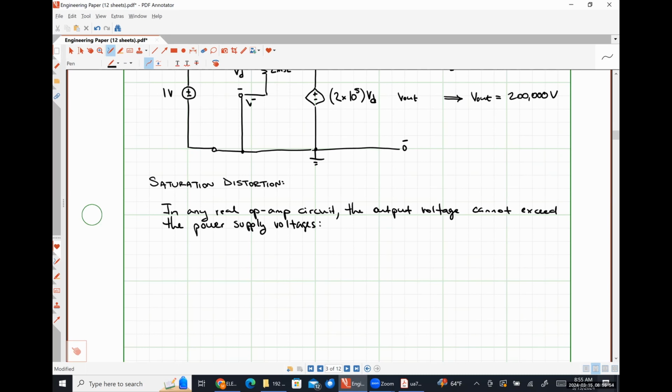I'm going to give you guys a mathematical relationship here in just a moment, but I want to talk about what saturation means.